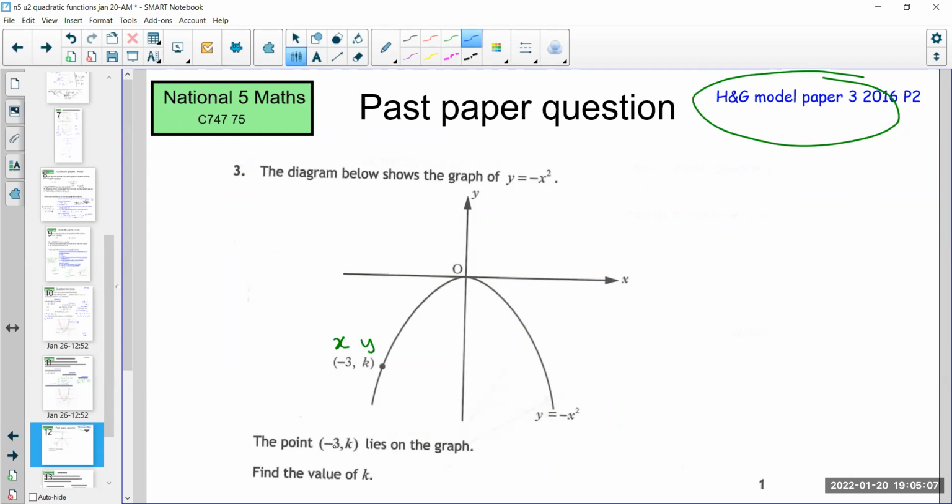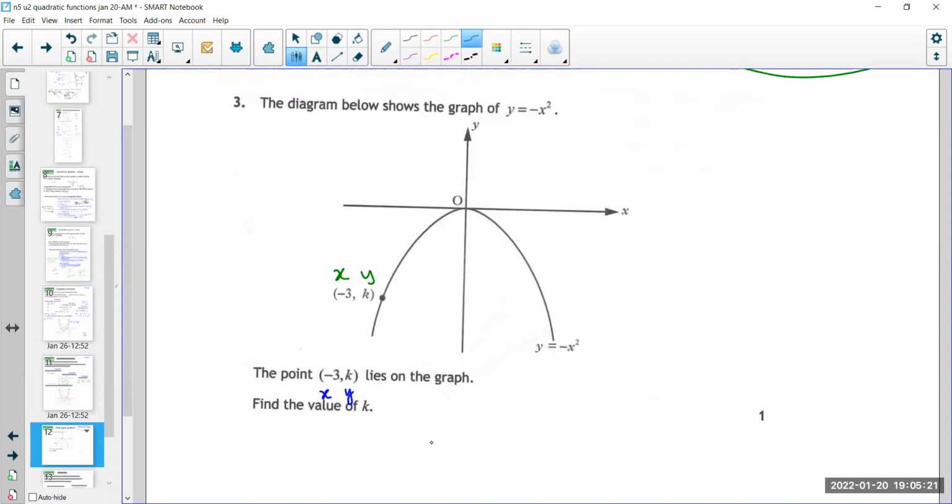And we were told that the point (-3, k) lies on the graph. So that means if x equal -3, then y equal k. What is the value of k?